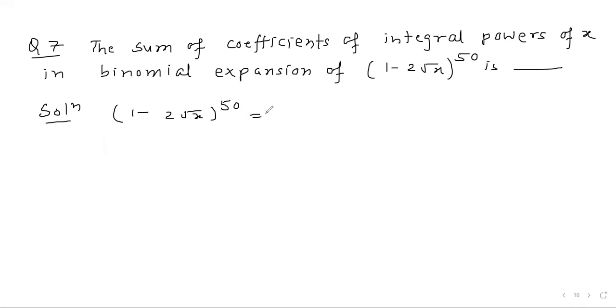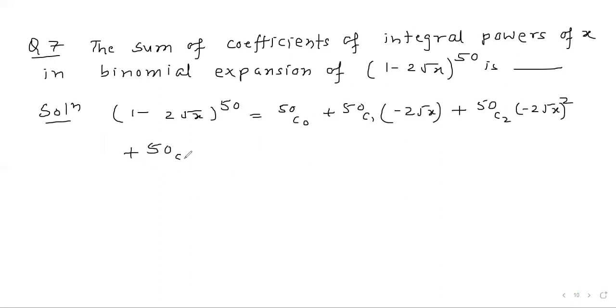If we expand it, what do we get? 50 C0 plus 50 C1 (minus 2 root x) plus 50 C2 (minus 2 root x) whole square plus 50 C3 (minus 2 root x) whole cube and so on.